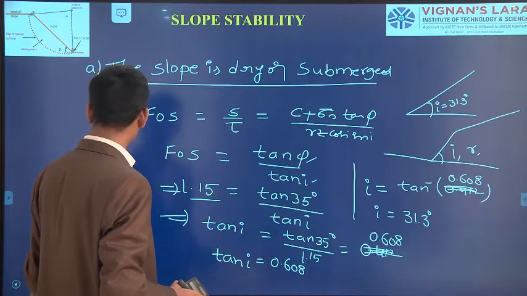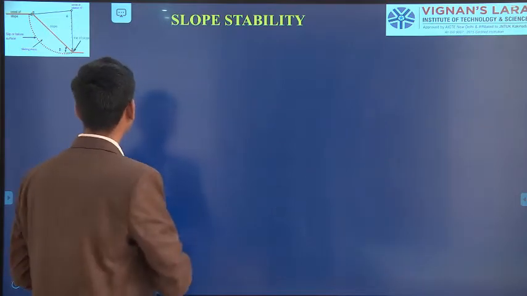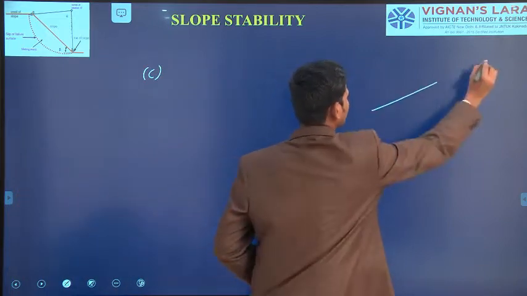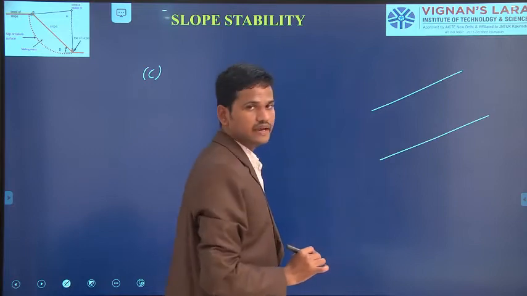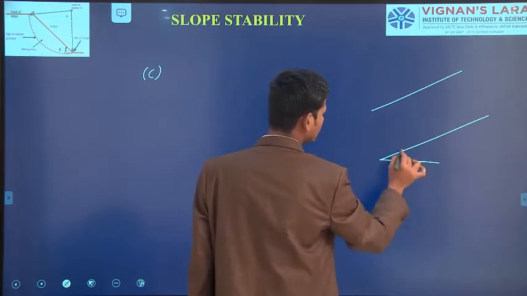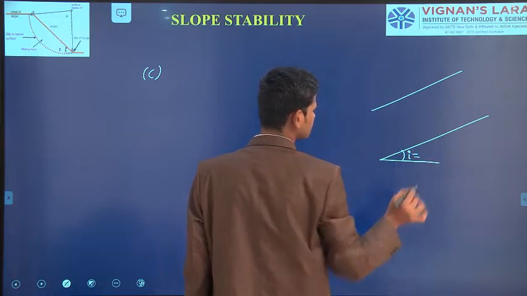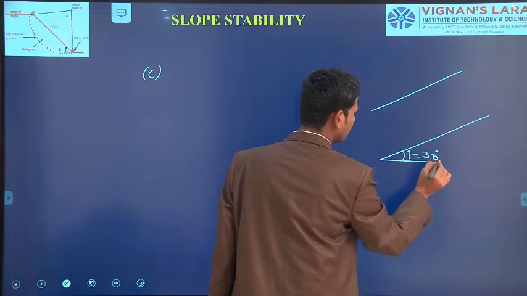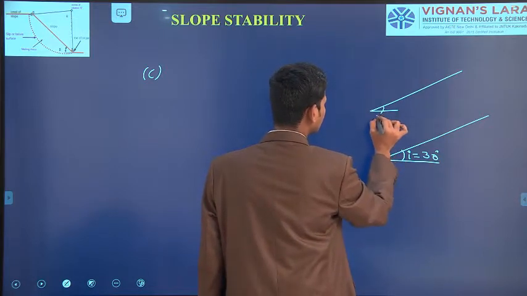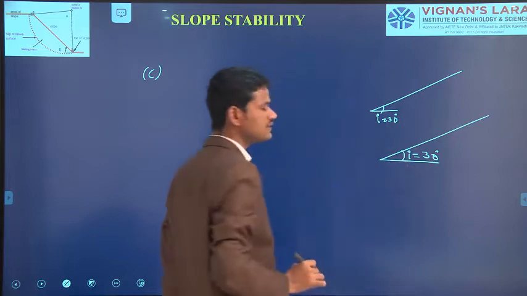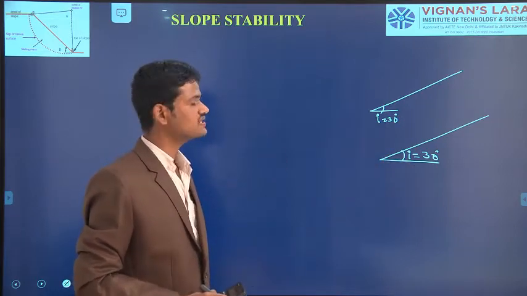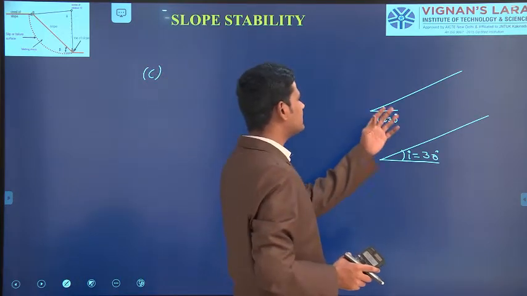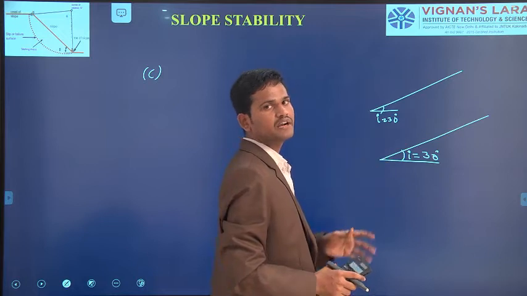What they have given in the problem, I will discuss here. Okay, that is condition number 3 or case 3. In case 3, they have considered one natural ground surface, and this natural ground surface has an angle of inclination i, which they have given in the problem as 30 degrees. In the third condition, they are asking to calculate the factor of safety when the water table is at a depth of 1.5 meters from the ground surface.